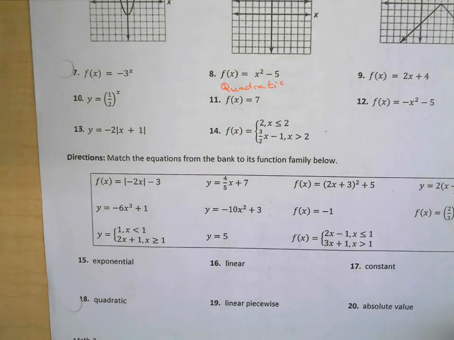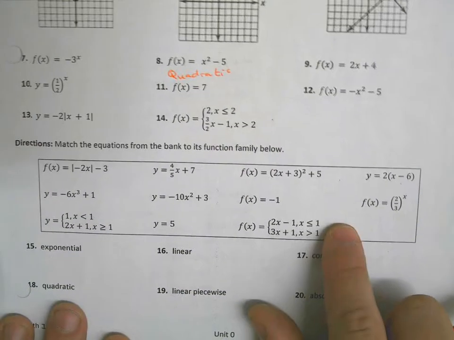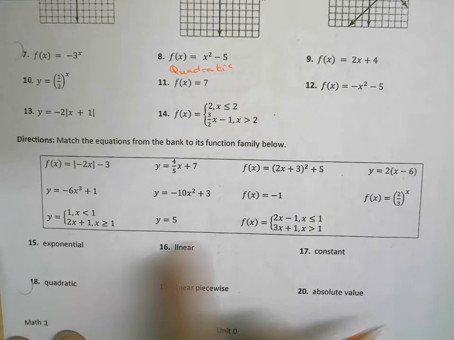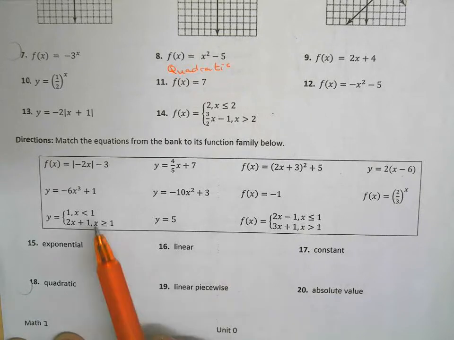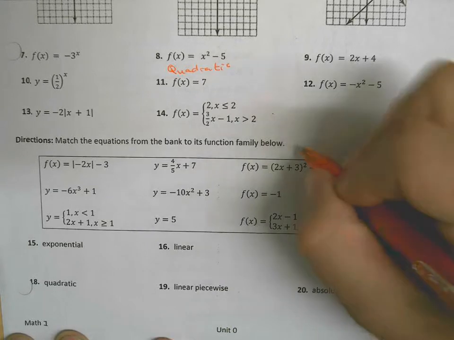On the last section, what I want you to do is each equation will get matched up with one of the words. So you need to pick each equation. One equation will not be used.